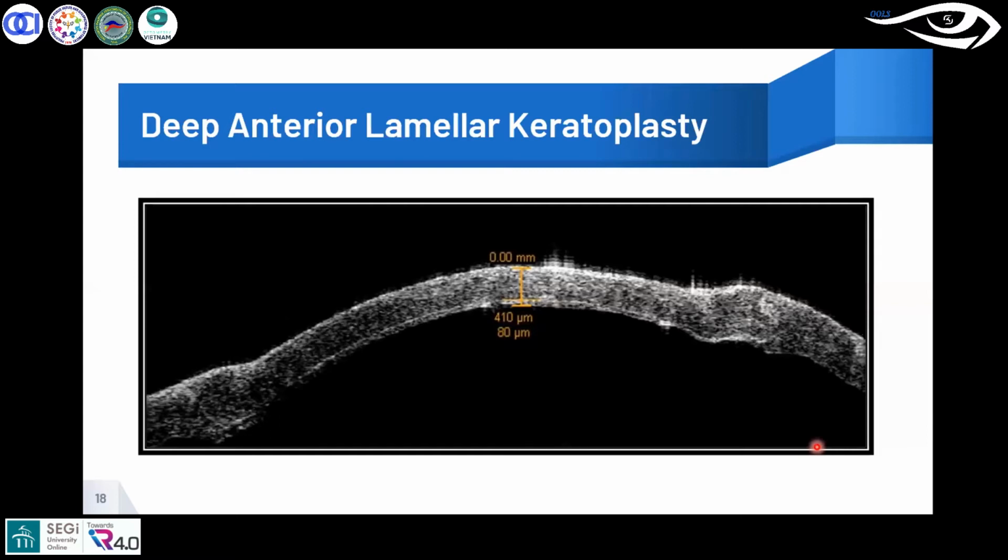This represents the graft and the host thickness. You have the graft in the anterior portion and the host in the posterior portion. Here you have 410 and 80, which is the graft and the host thickness respectively.